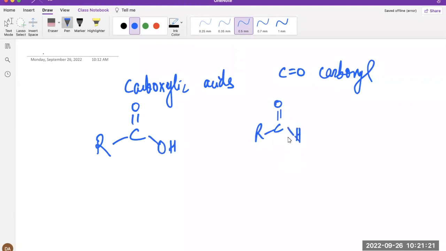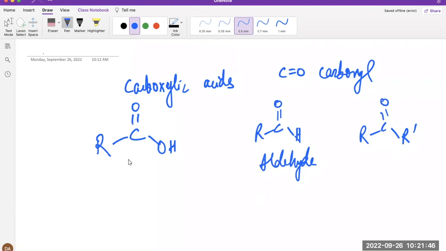So we learned that aldehydes are basically the carbonyls at the very edge of the molecule. So that's why you have the hydrogen. There is nothing else on this side. So those were aldehydes. Now, the ketones, if you guys remember, they had basically carbons on both the sides. The carbonyl was surrounded by the carbons.